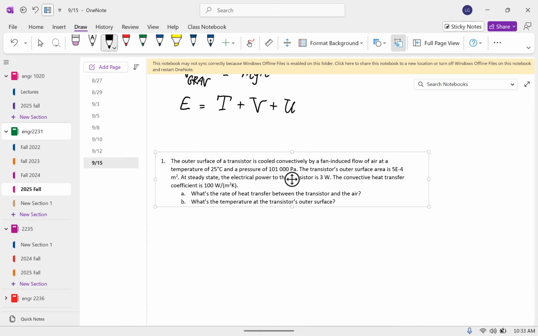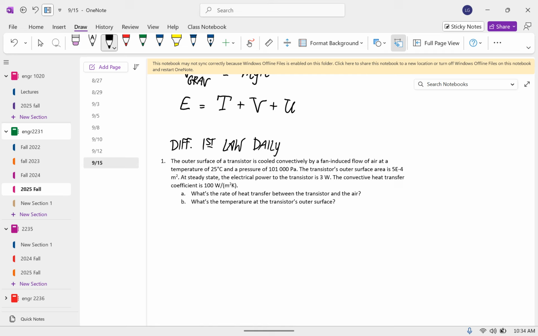Okay, so this is the differential form of the first law. We have a transistor cooled by convection, and the outer surface has a given temperature and a given pressure, and it gives an area in contact with the airflow.